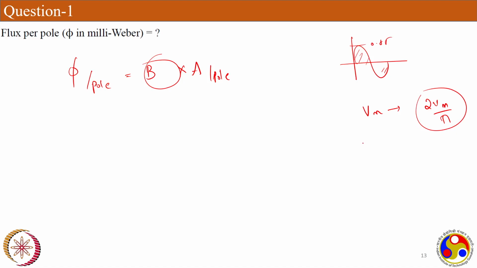So here we know the B max, and we need the average flux density. It will be 2 B max by pi. Usually it comes when you integrate it over the cycle in which it exists. If you integrate the flux density, you will get 2 B max by pi.